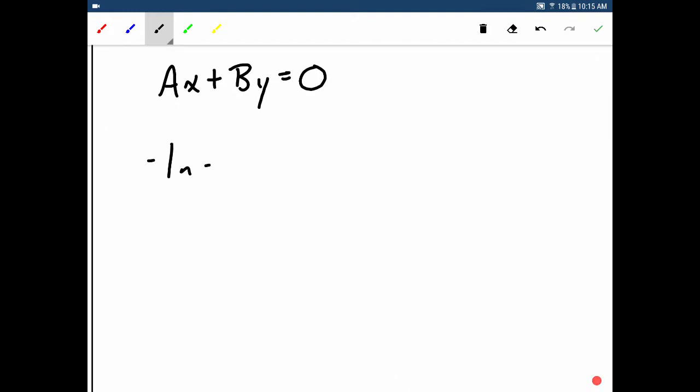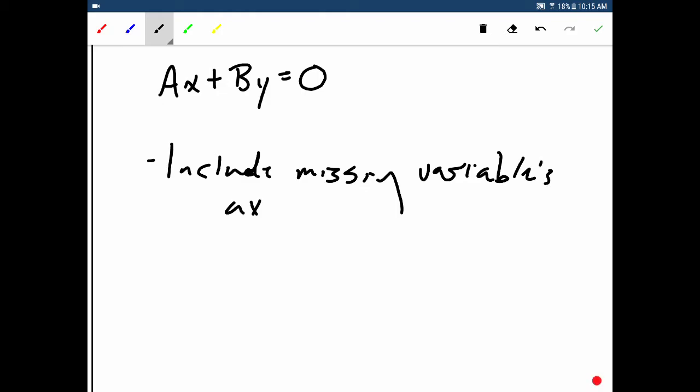So the first thing, include the missing variable's axis. From there, you're just going to connect the origin to a single point where the missing variable equals 0.